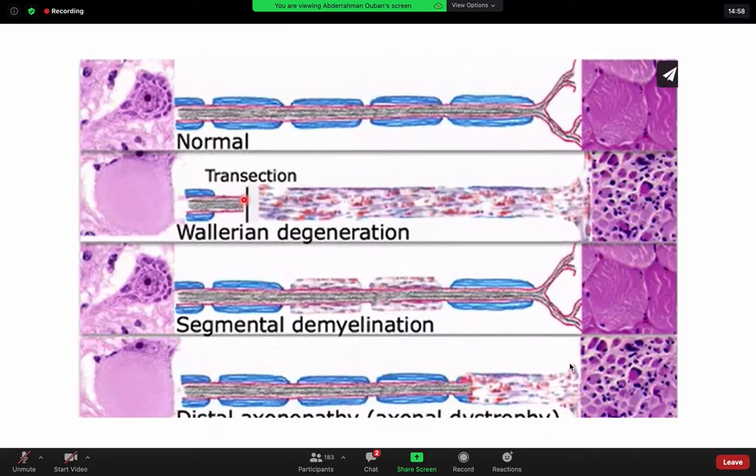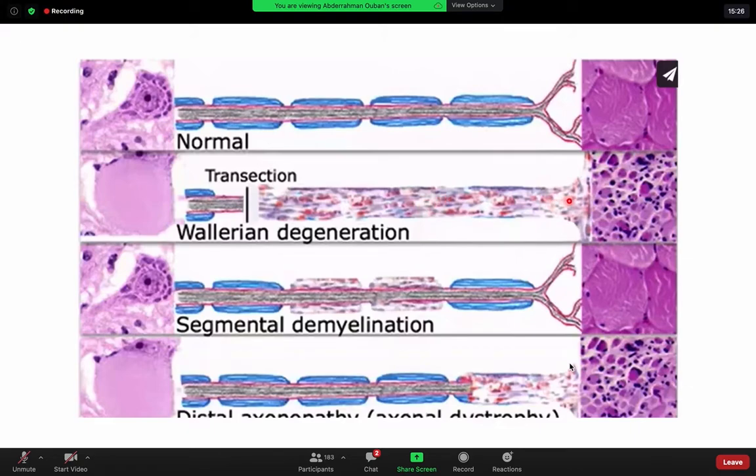So once the axon gets transected, proximal to the transection you will see some degeneration, but it's going to be limited by the node of Ranvier that comes immediately after the transection. However, distal to the transection, myelin and axon are going to disintegrate structurally and degrade chemically, completely.